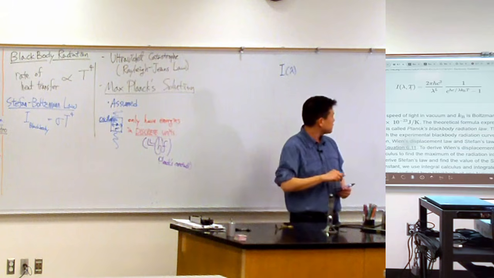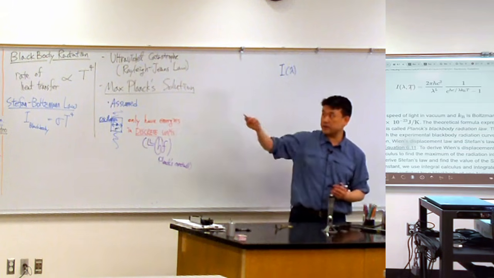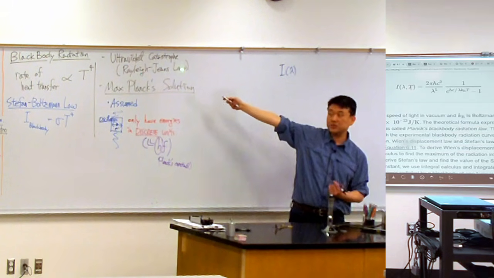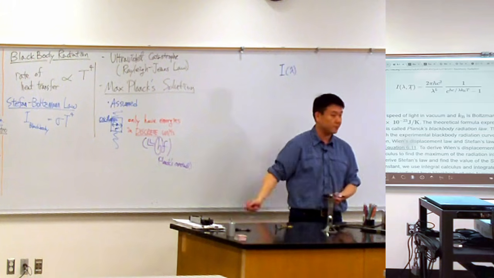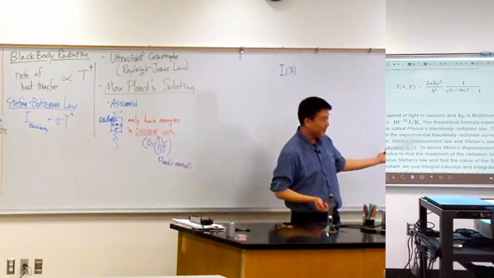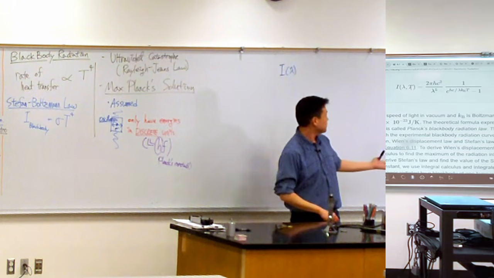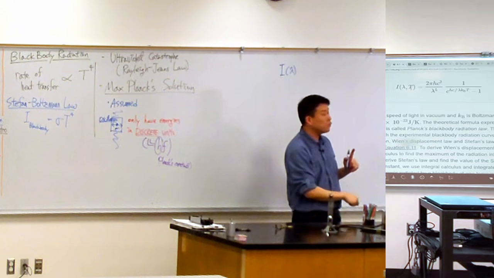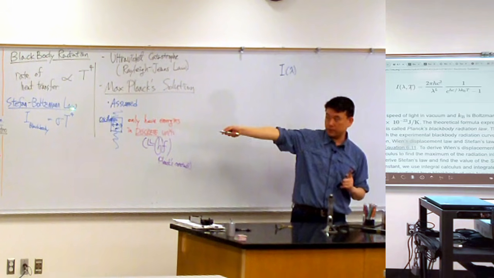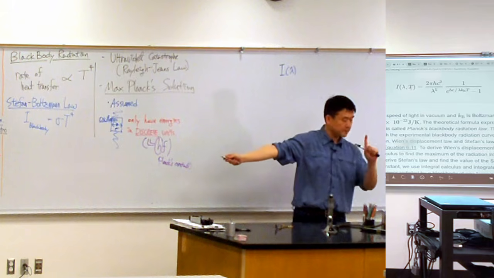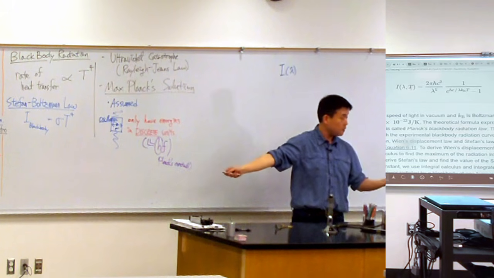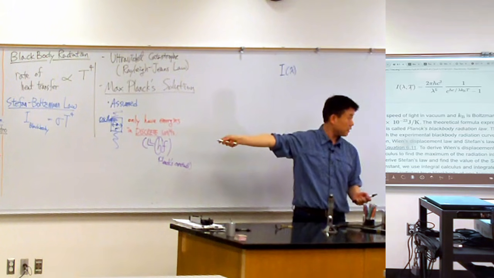Rayleigh-Jeans law clearly doesn't agree with the Stefan-Boltzmann law, because it predicts infinite intensity at any temperature. So let's see if a prediction of Planck's law will agree with the Stefan-Boltzmann law.